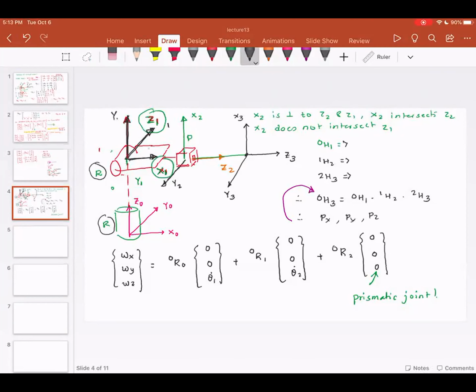Okay, y1. So this is the coordinate system that we used earlier. And please note, to find the Jacobian, we have to use the same consistent coordinate system, or our answers would be incorrect.